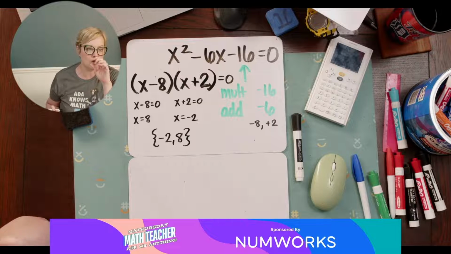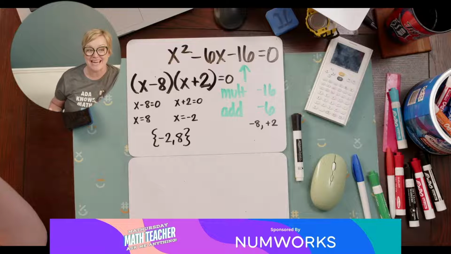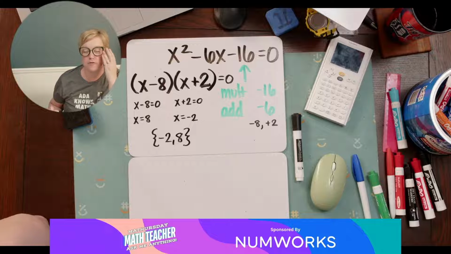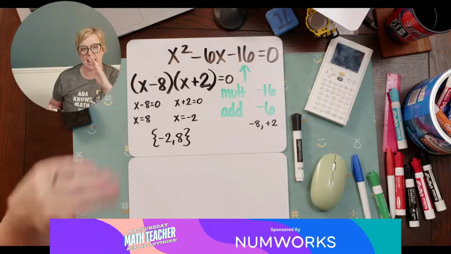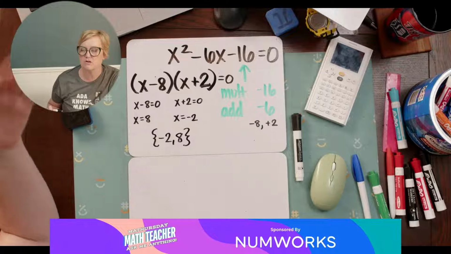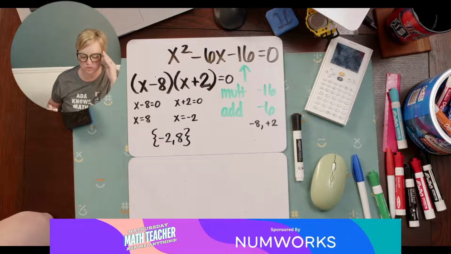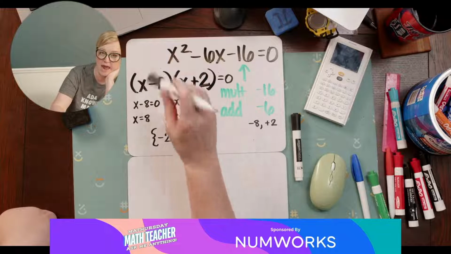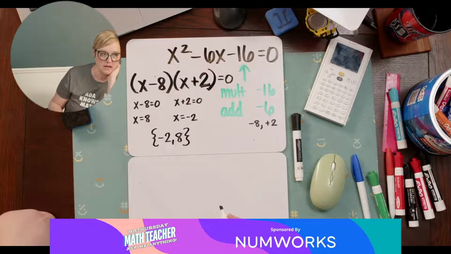The AC method is the one most frequently taught. There's also an X method, and there's the area model. There are lots of ways to factor when A is not 1.